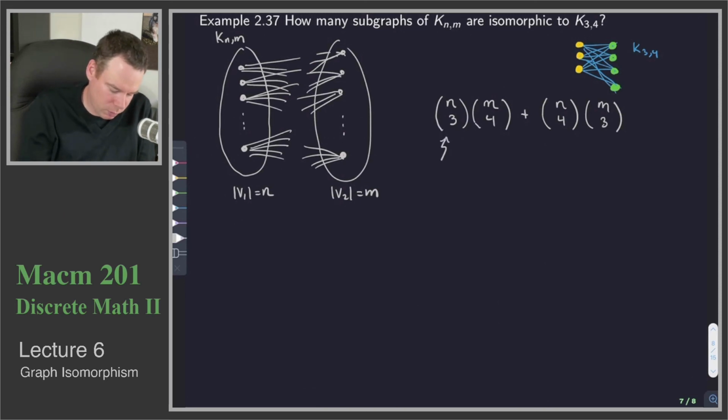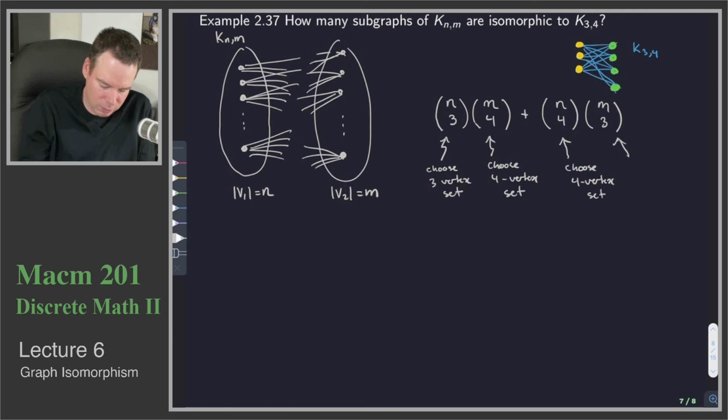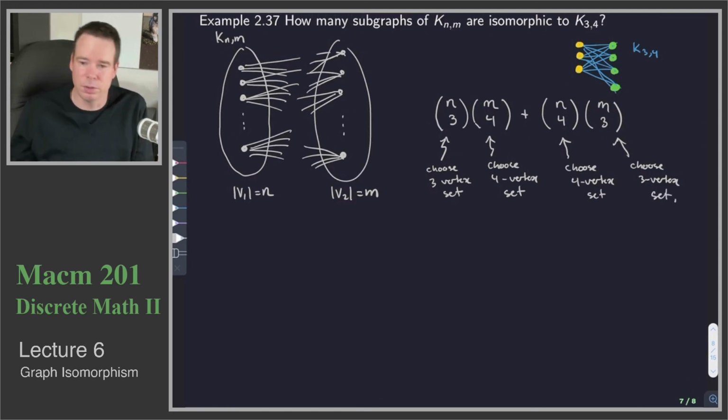So we choose the 3 vertex set, and then from the other side, the 4 vertex set. And then vice versa: from the side with n vertices, we could choose the 4 vertex set, and then from the other side, the 3 vertex set. And so there's our solution.